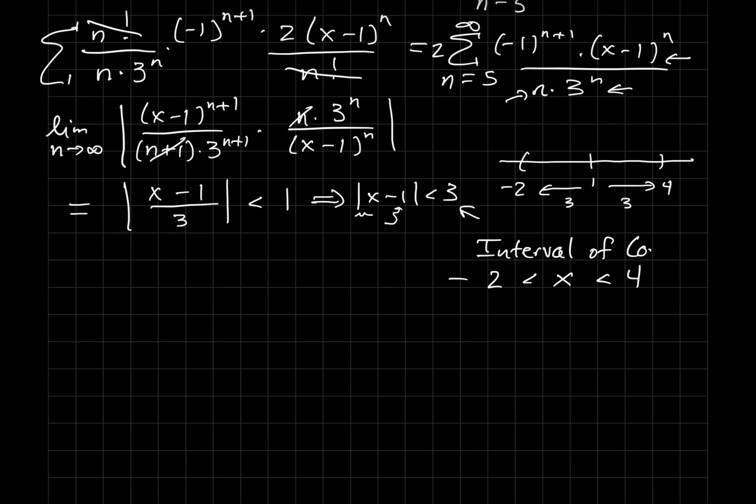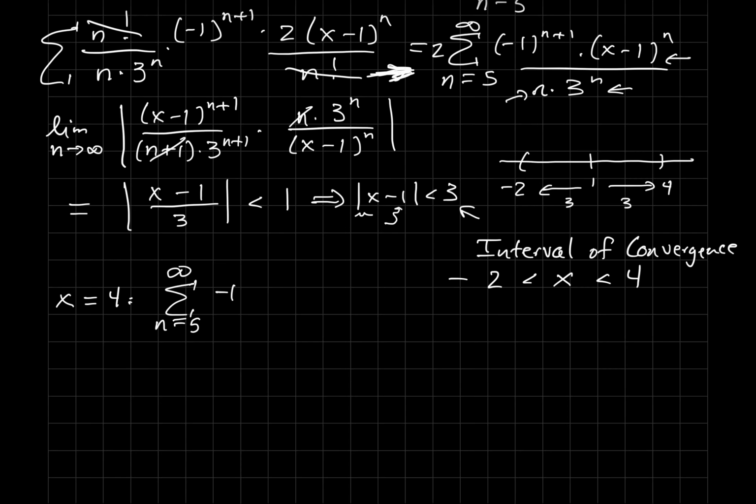The only thing we're missing are the endpoints. So let's check each endpoint, and we'll plug it into this one over here on the right. Let's start with x equals 4. I'm not going to worry about the 2. That will not affect convergence or divergence. So n equals 5 to infinity. The 5 on bottom doesn't really matter either.